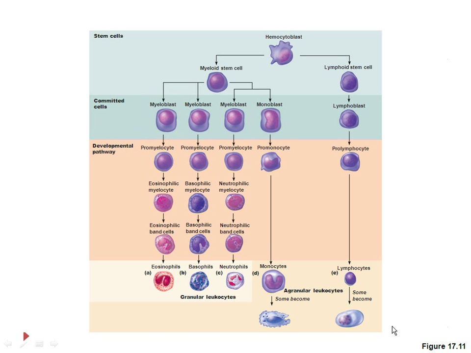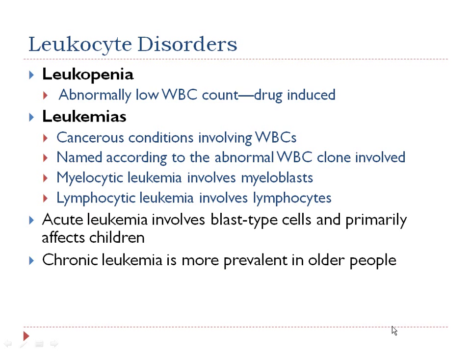So there are numerous different types of leukemias, and they're named according to the cell type in the bone marrow that became cancerous. You have your myelocytic or myeloblastic leukemias and your lymphocytic, or you can have lymphoblastic or lymphocytic leukemias, depending on the type of white blood cell that became cancerous, as I already mentioned.